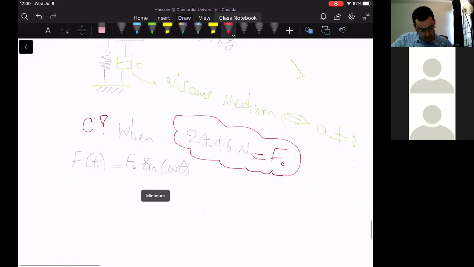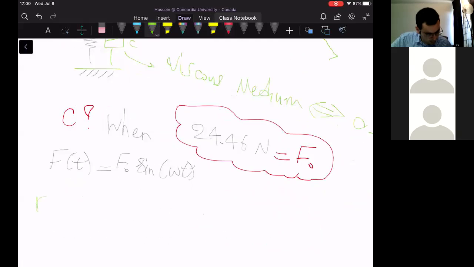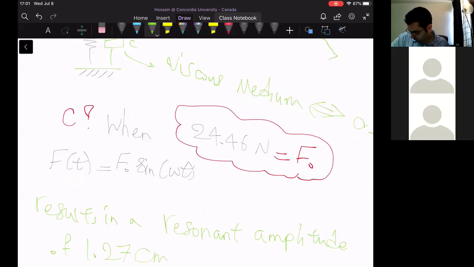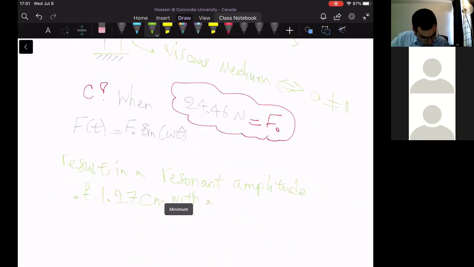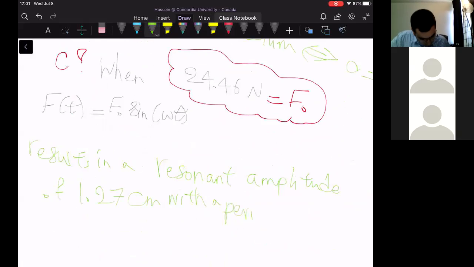Results in a resonant amplitude of 1.27 centimeter with a period of 0.20 seconds.